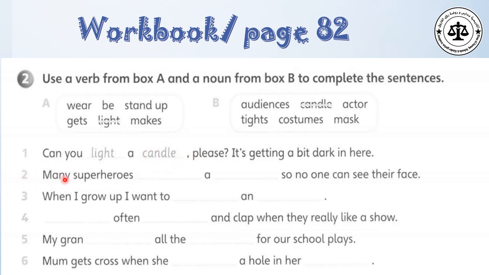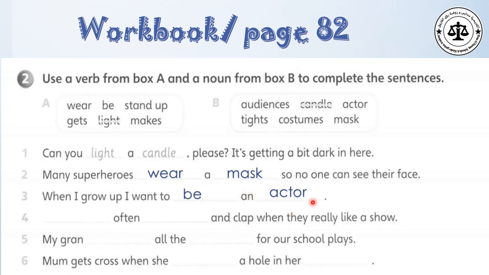Okay, number 2, many superheroes, الأبطال الخارقين, wear a mask, يلبسوا قناع, so no one can see their face.